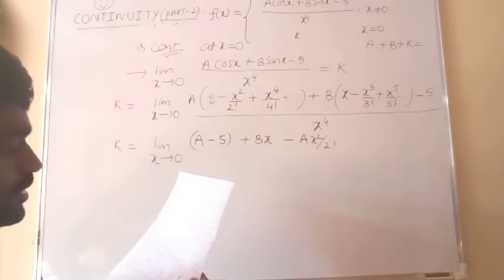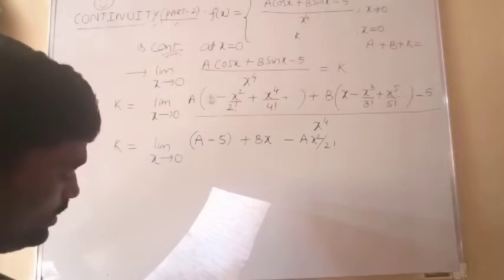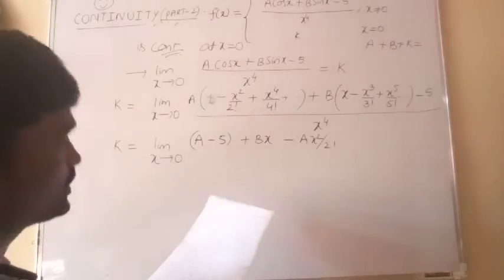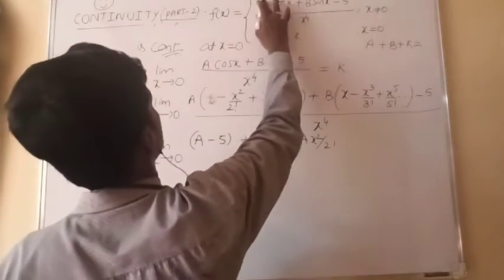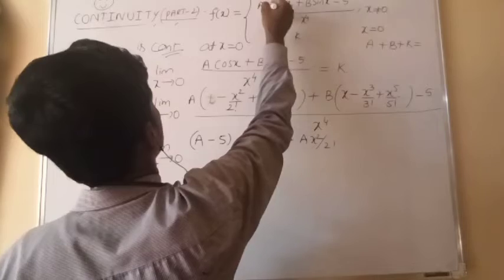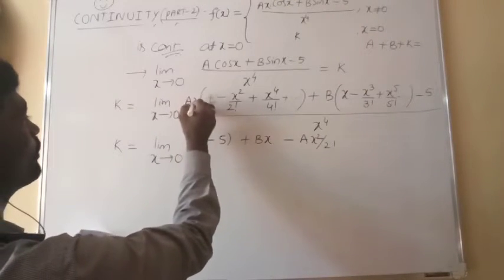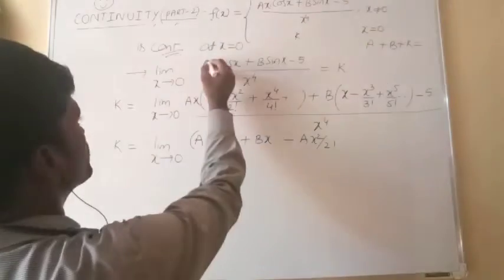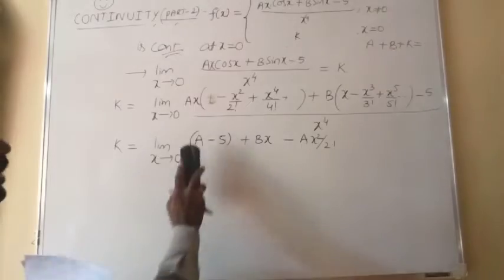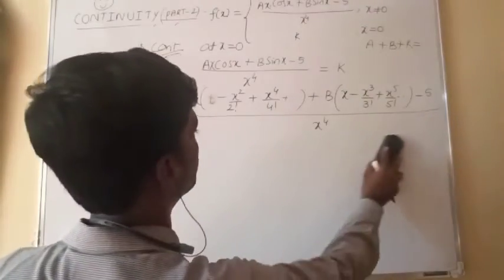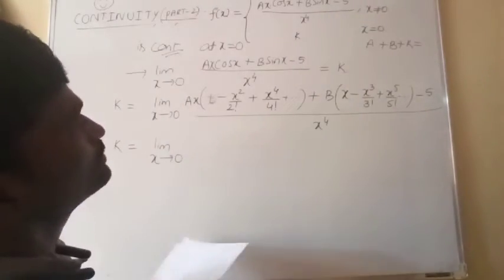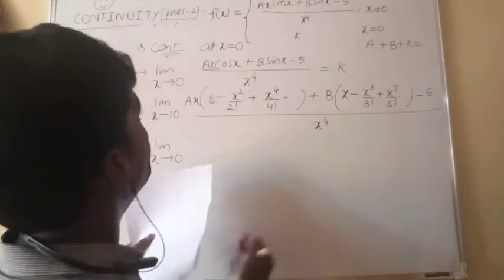I think I took the question wrongly. I think it should be ax cos x. Yeah, sorry, it is ax cos x. No, bx, sorry.